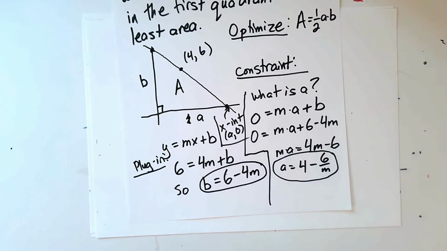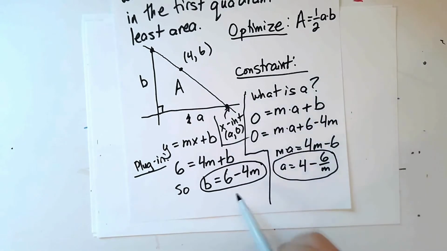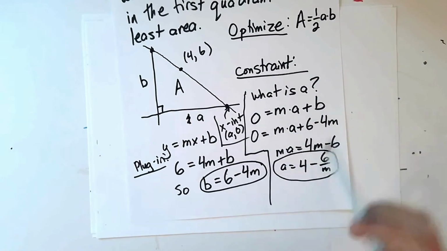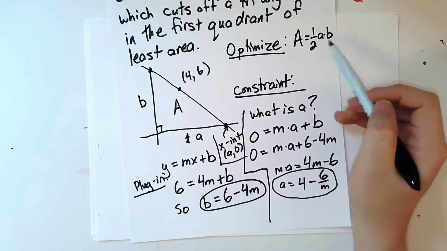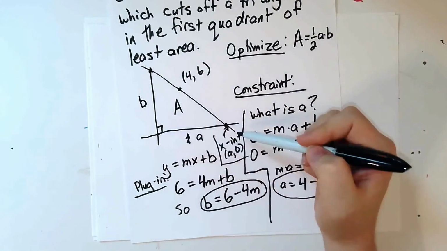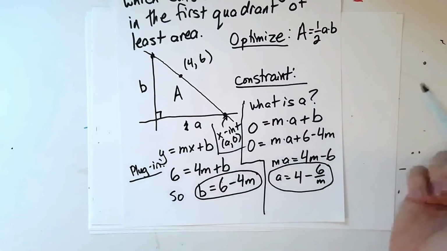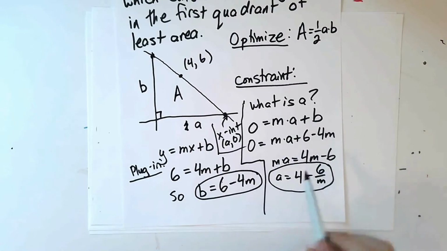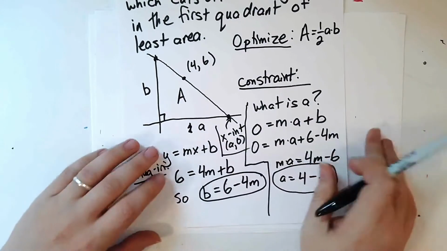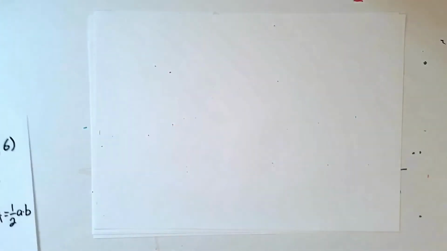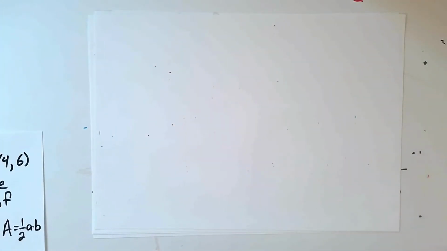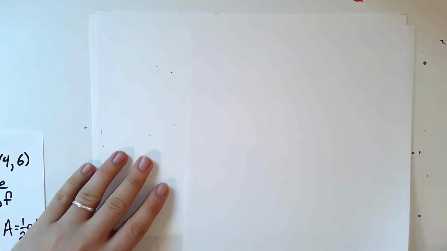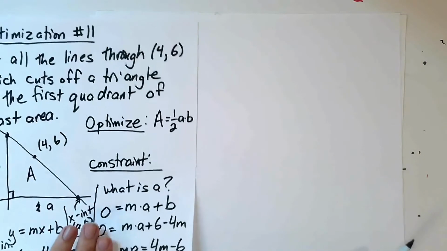Okay, and so these are really my constraints here. They tell me how my a and b, that is the height and width of my triangle, are related. And in fact, in this case, we get a relationship between both of them and m, the slope of this line. Okay, so now we are actually ready to solve the problem.